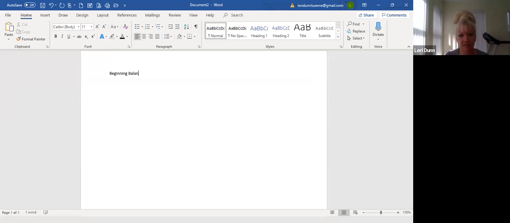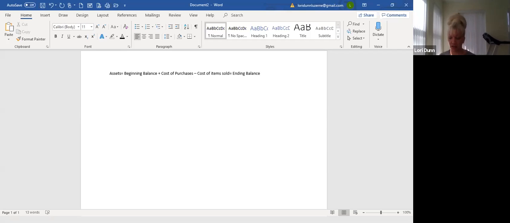Beginning balance. So if you're looking at assets, okay? So long-term assets. Beginning balance plus the cost of purchases minus the cost of items sold should equal the ending balance.